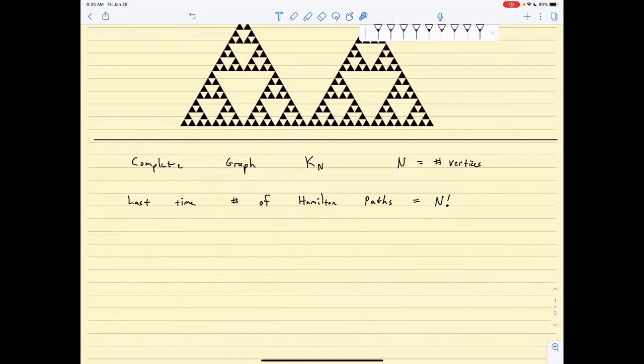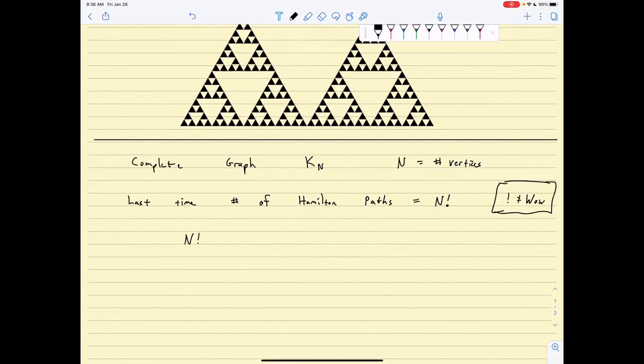Yeah, last time the number of Hamiltonian paths was n factorial. This is not wow. This does not equal wow. This is n. Okay, good. So good place to start.